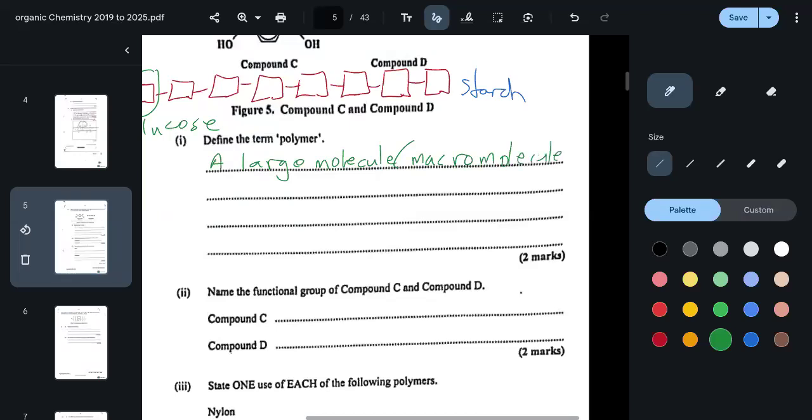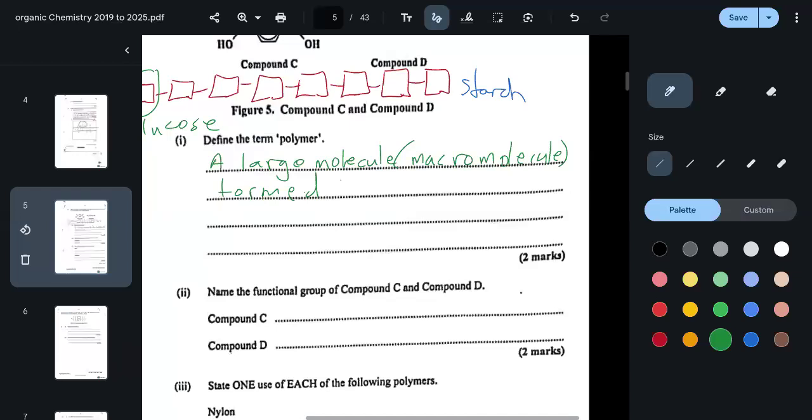And then now you're going to tell how it is formed. So it's a large molecule formed, and if you look at this diagram, it is clearly formed by joining many small molecules together. So it is that simple.